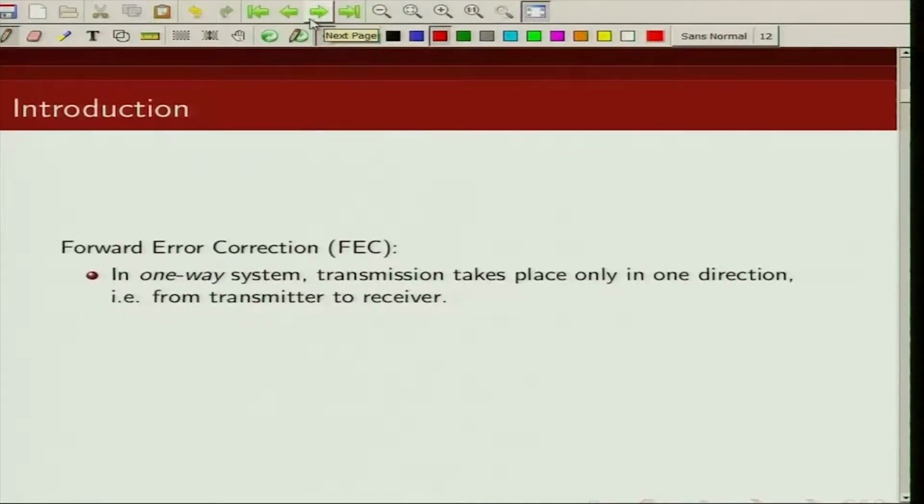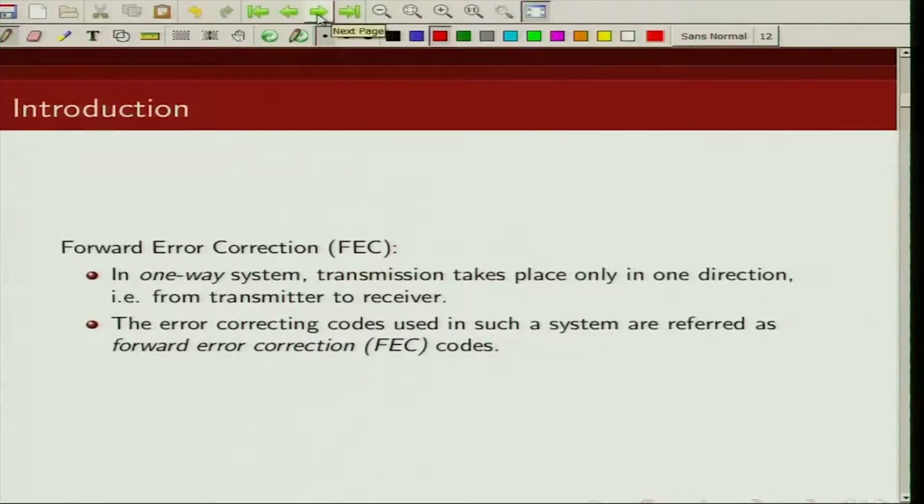So if you recall, in the first lecture we talked about two possible strategies for error correction. One is forward error correction. It is used for channels which are one way, so for example there is only one-way communication from transmitter to receiver. In those kinds of channels, we use forward error correction schemes. Now what do we do in forward error correcting schemes?